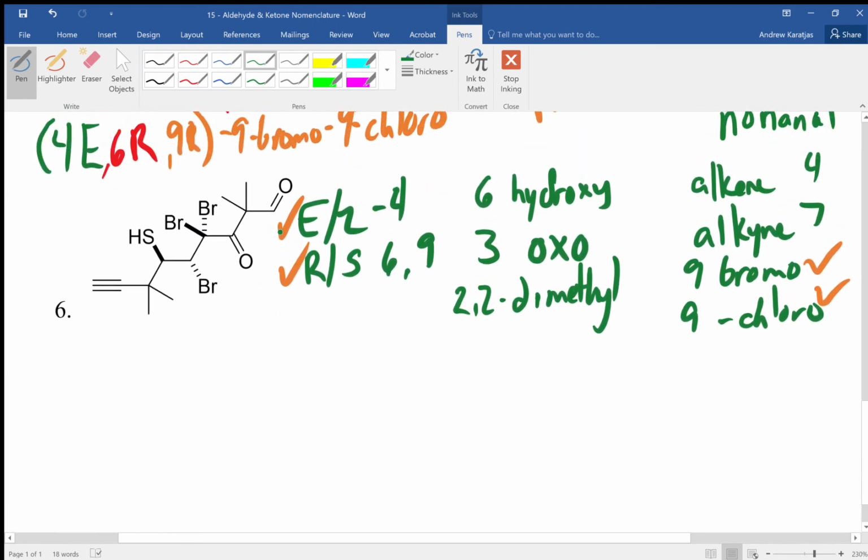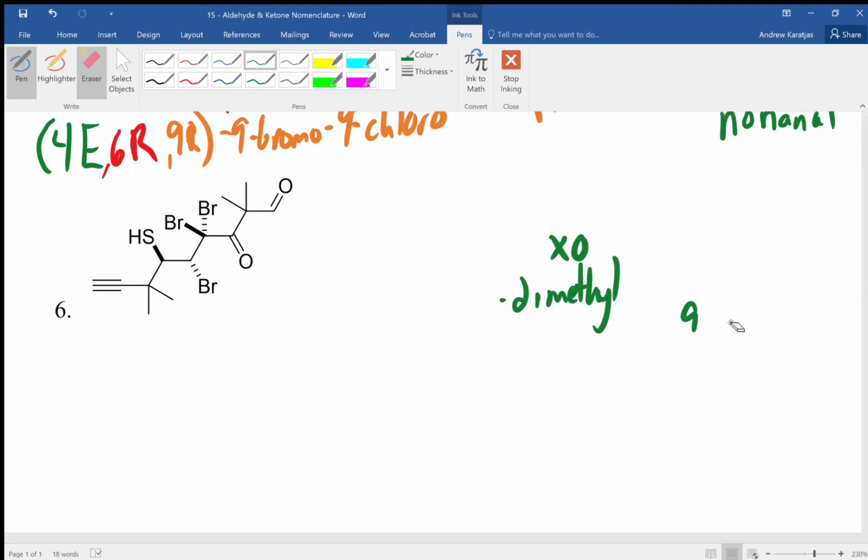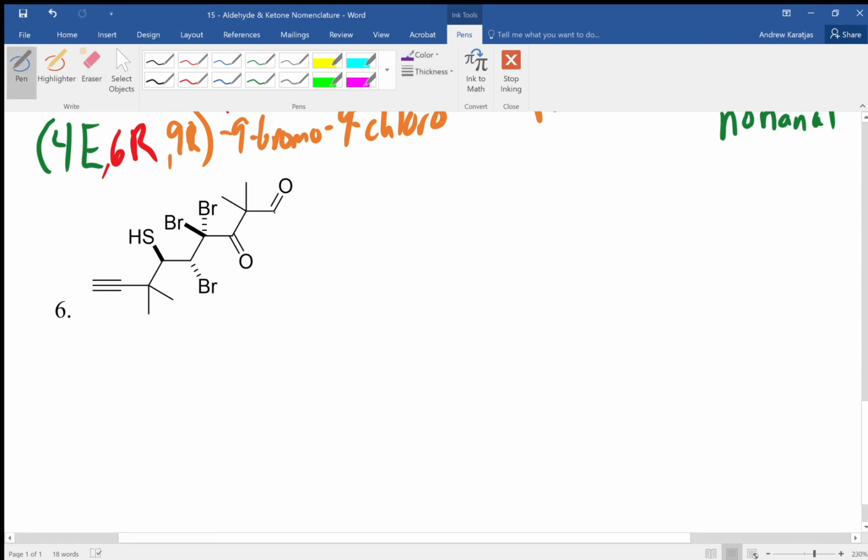Number 6 is actually going to be a very similar type of question. Again, we've got an aldehyde, which always makes our lives easier because it means that we know that our chain starts at the aldehyde. So again, nonenal for 9 carbons. I'm going to do the exact same thing we did in the previous question. I'm just going to list everything. So at carbon 2, we have a methyl.